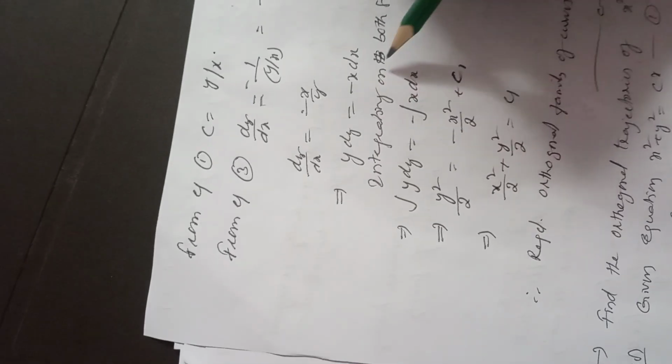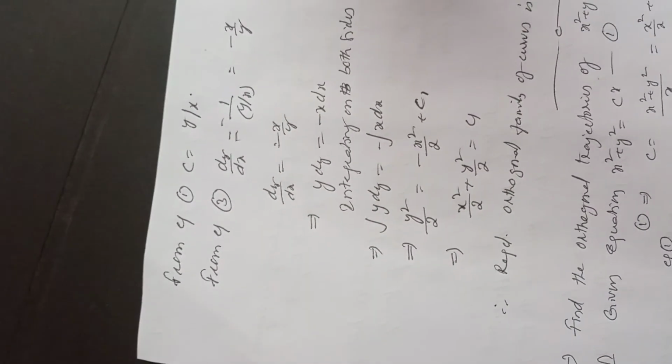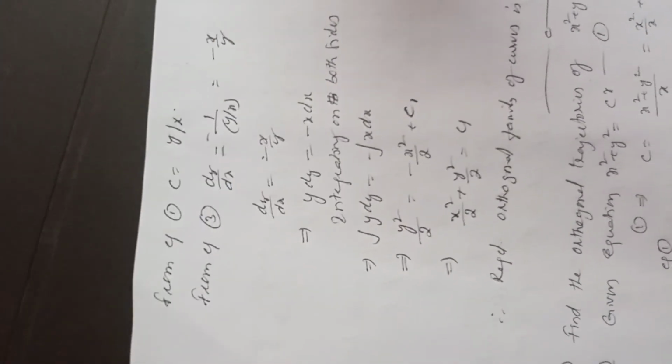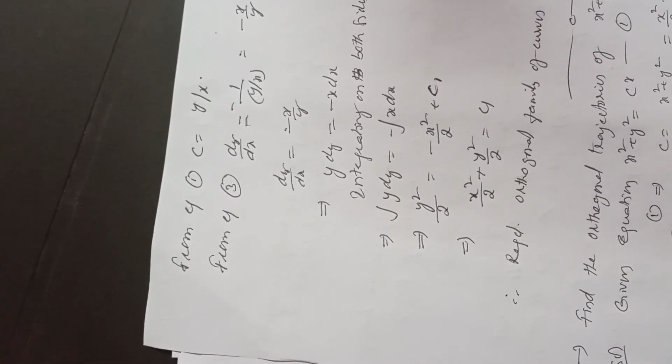Now cross multiplying, it is in variable separable form; integrating on both sides. Integration of y dy is y square by 2.